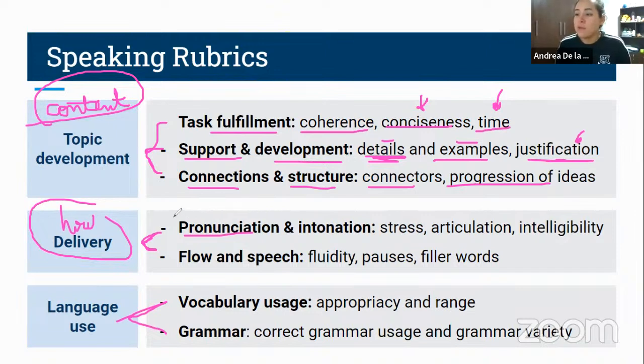So it's okay if you don't sound like a native speaker from one specific place, because even native speakers have different accents depending on where they're from. So it doesn't matter if you don't sound like a native speaker. What matters here is that you are clear, you're easy to understand. So when you're speaking, the person who's listening to you should not have to make any effort in order to understand what you're saying.